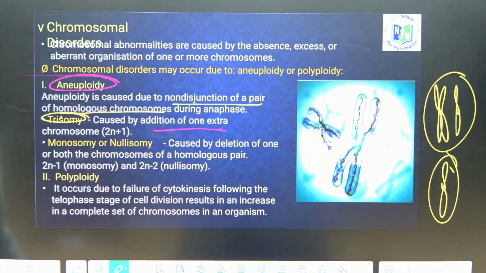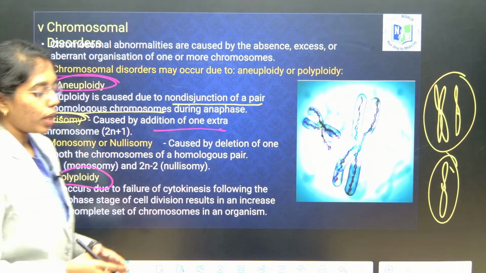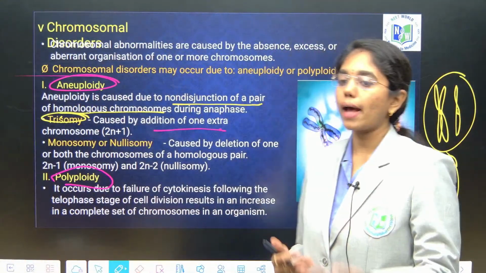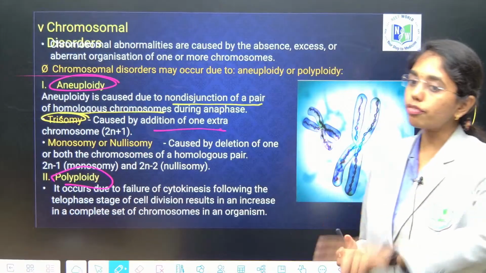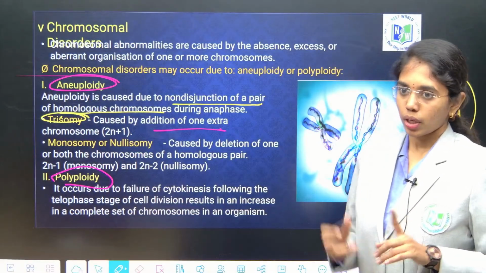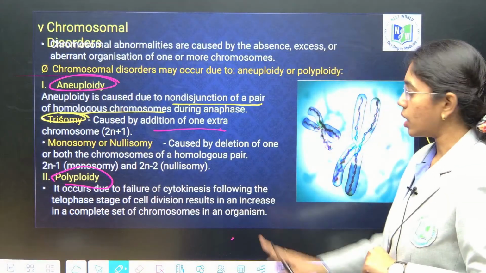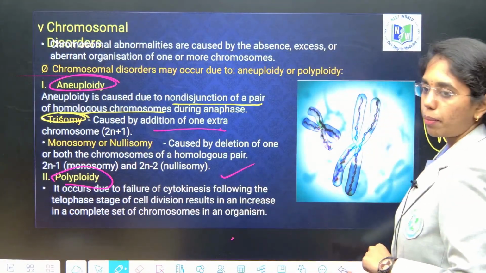Monosomy, deletion of one chromosome. Nullisomy, both the chromosomes will be deleted. And the polyploid condition we have learnt in cell cycle, where the polyploid condition results because of sequential karyokinesis which is not followed by cytokinesis. Karyokinesis continuously, not followed by cytokinesis, that results in the polyploid condition.